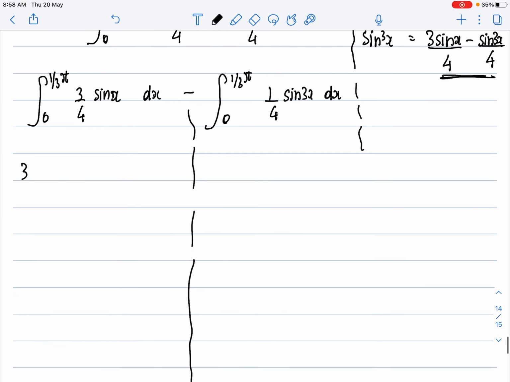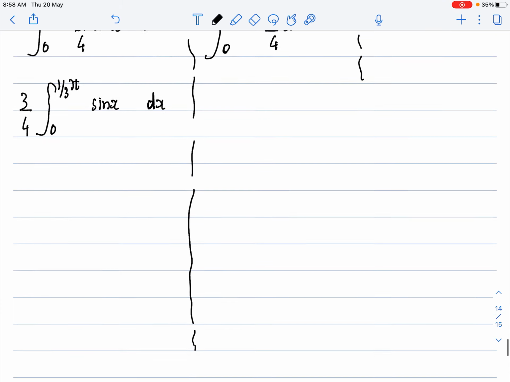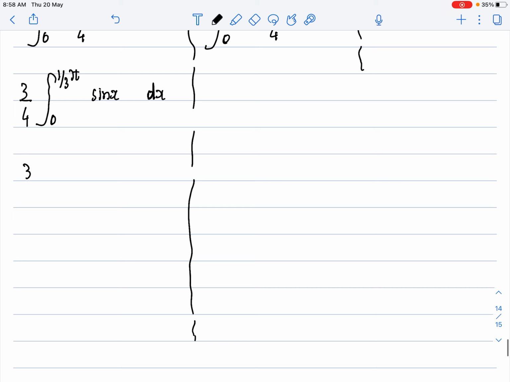So I can write this as 3 over 4 with the integration from 0 to 1 over 3 pi of sine x dx. Simple. So now 3 over 4 multiplied by the integration of sine x, which I know is minus cos x, from 0 to 1 over 3 pi.